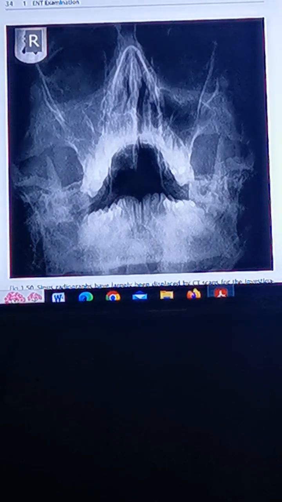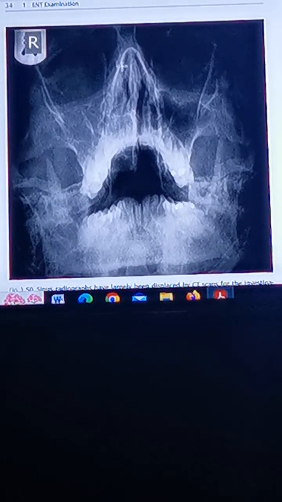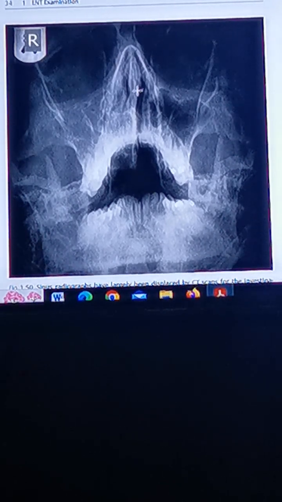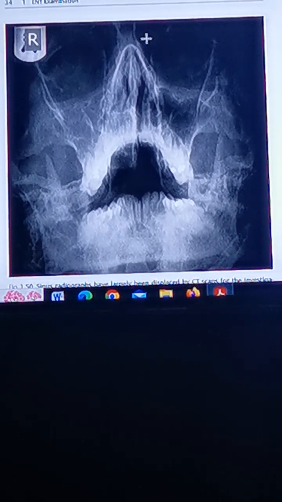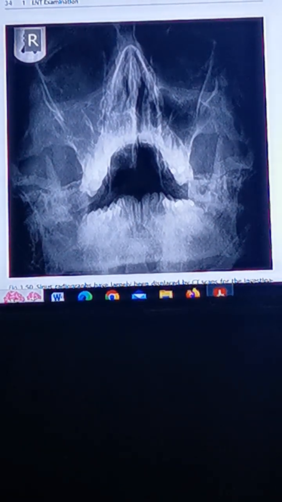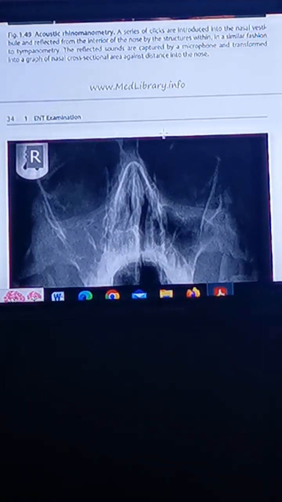Here is the nose. This is the lateral nasal wall, and this is the nasal septum in the midline. This is the frontal air sinuses, left and right. Sometimes the frontal air sinuses are identical, and sometimes they are not.